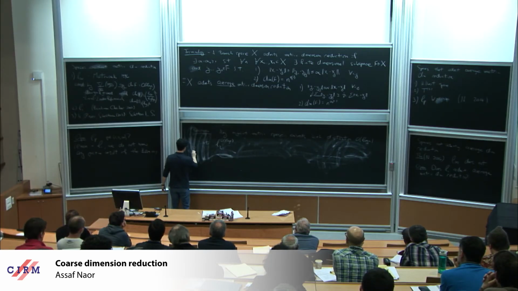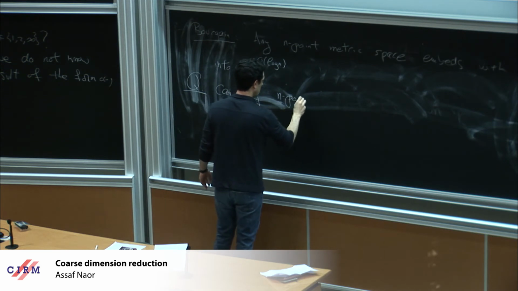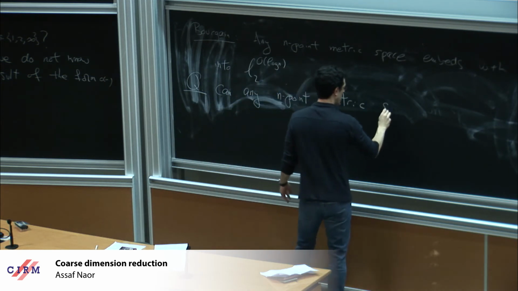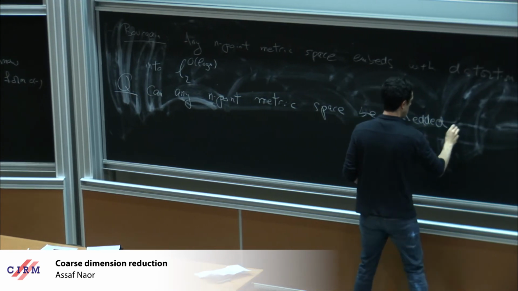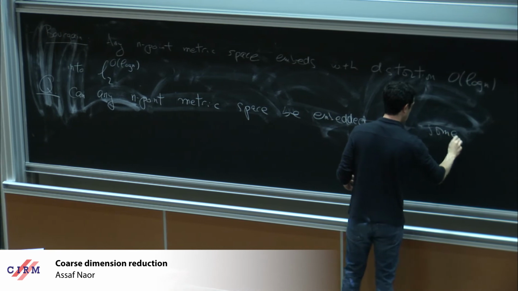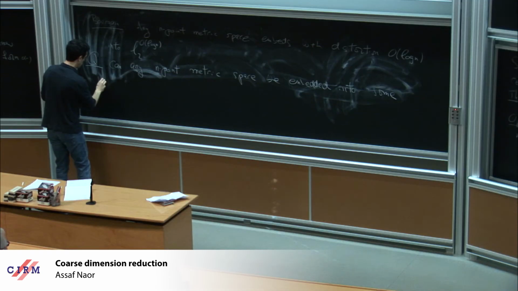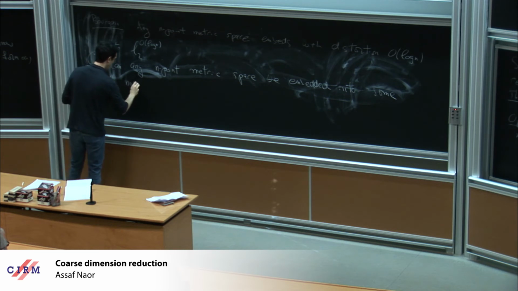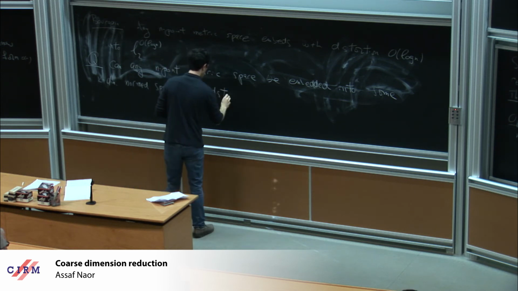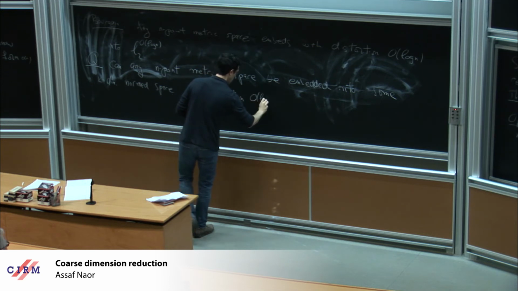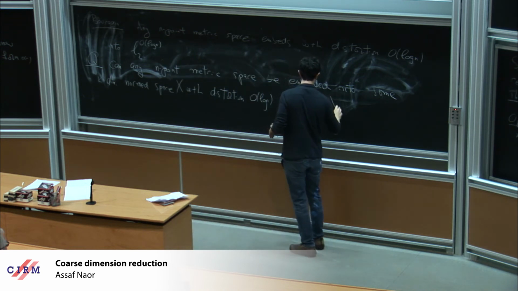Okay, so can any n-point metric space be embedded into some k-dimensional normed space X with distortion log n, and the dimension is little o of log n?